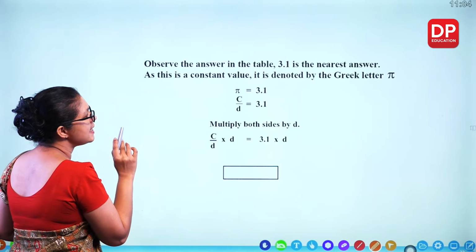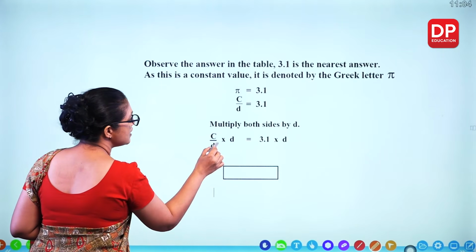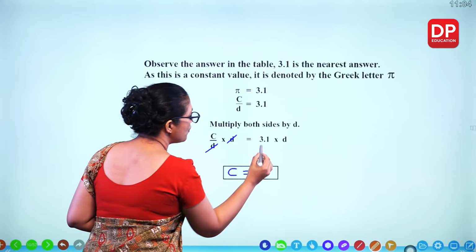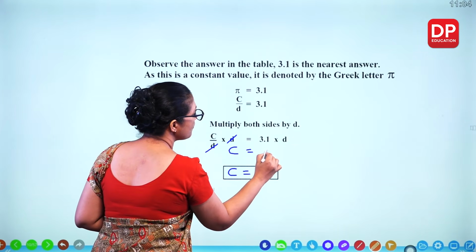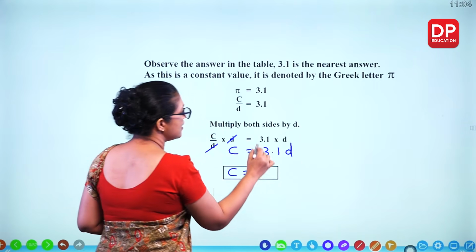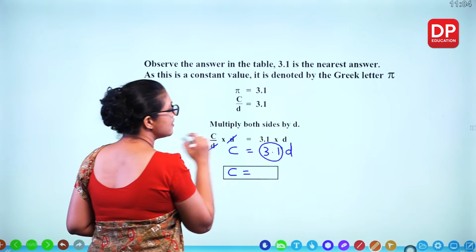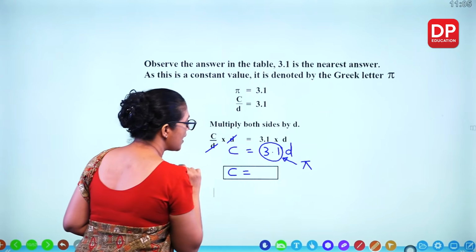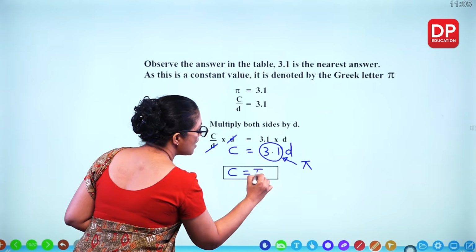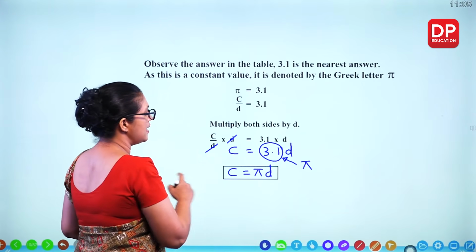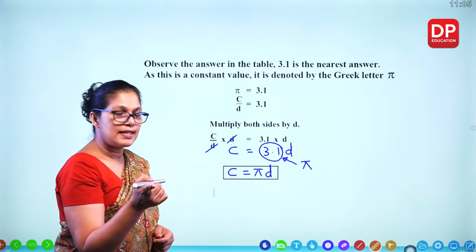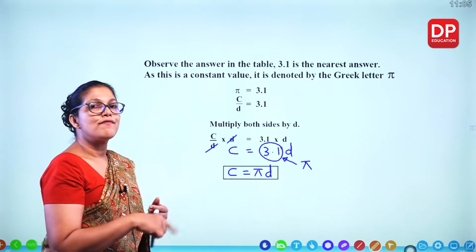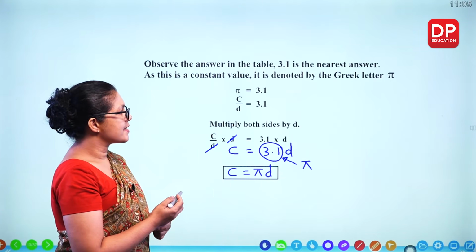Multiply both sides by d. What do you get? d gets cancelled out. You get circumference equals 3.1 d. Now 3.1 we can take as pi. So what's the formula we are getting? C equals pi d. If you know the diameter, when you multiply by the constant value pi, you can find out the circumference.